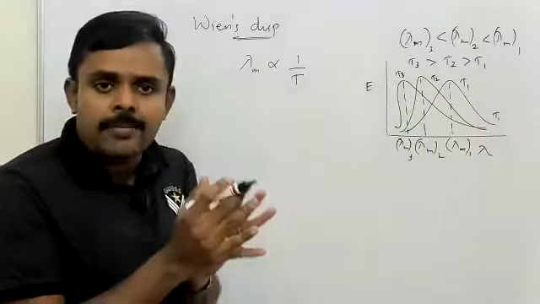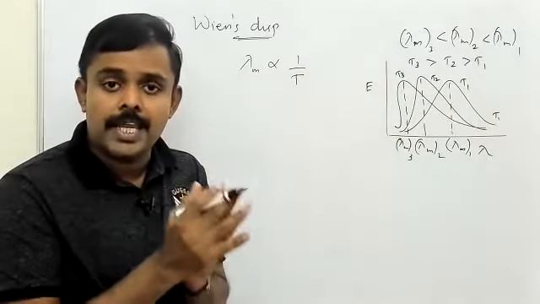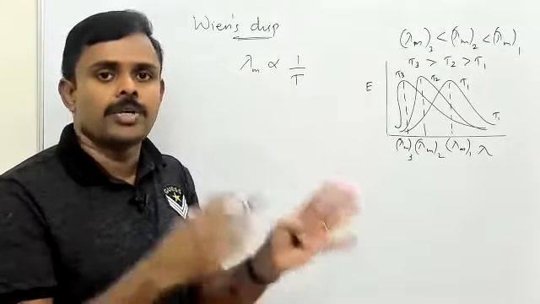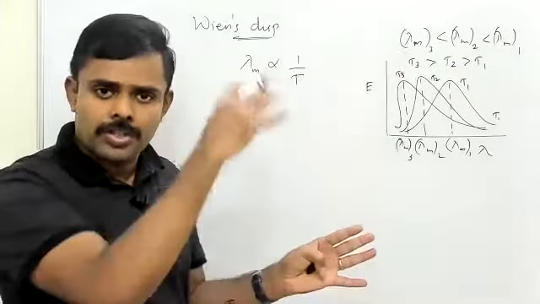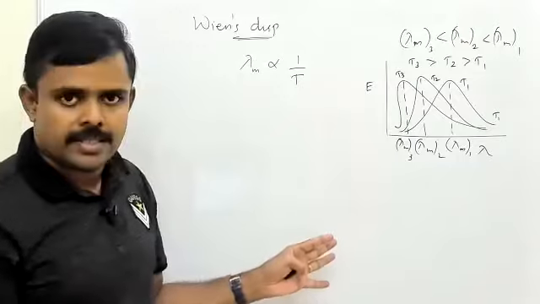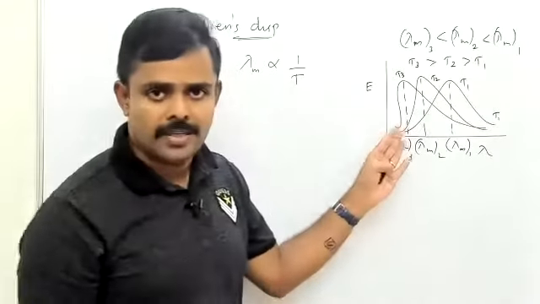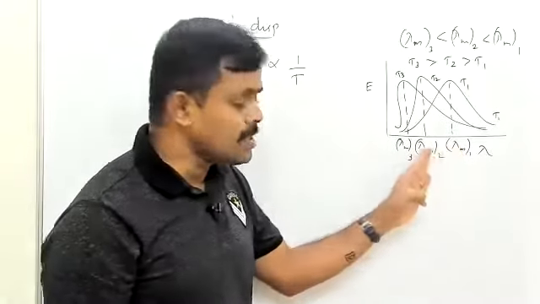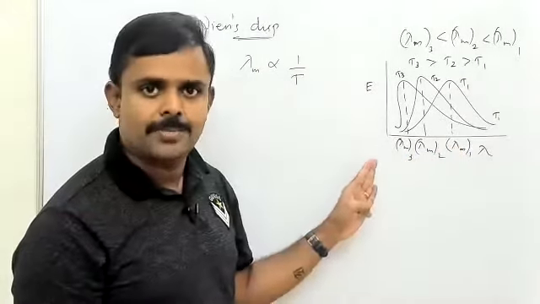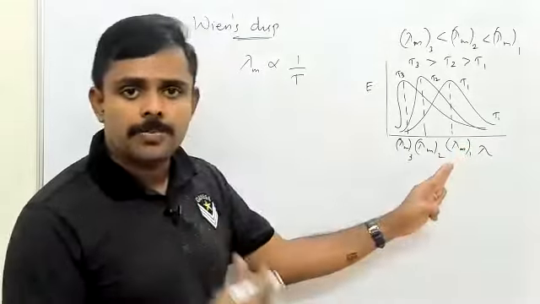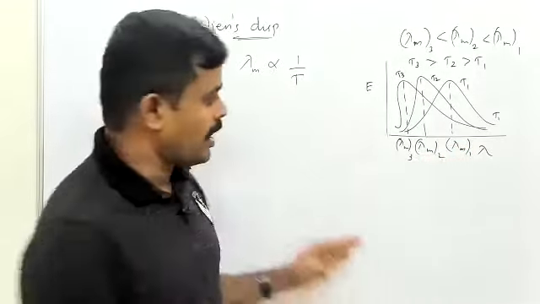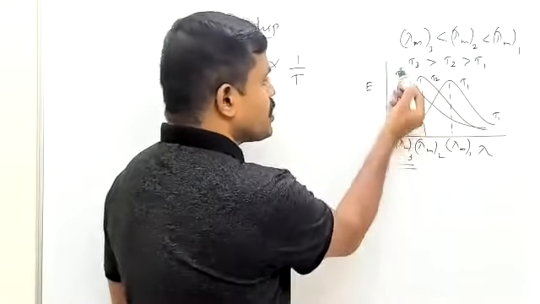This is drawn for the same body at different temperatures. You take a black body and heat it to different temperatures, and you draw the graph for energy radiations. This is how the graph is obtained. What do you observe from this? Lambda m displaces to the left as the temperature is increased, or lambda m is less when temperature is more.